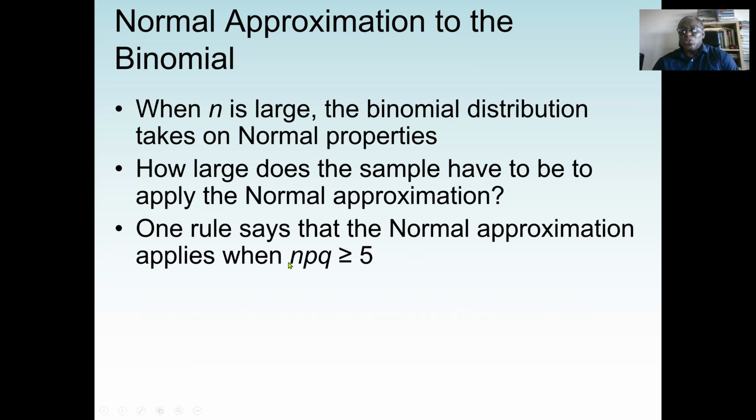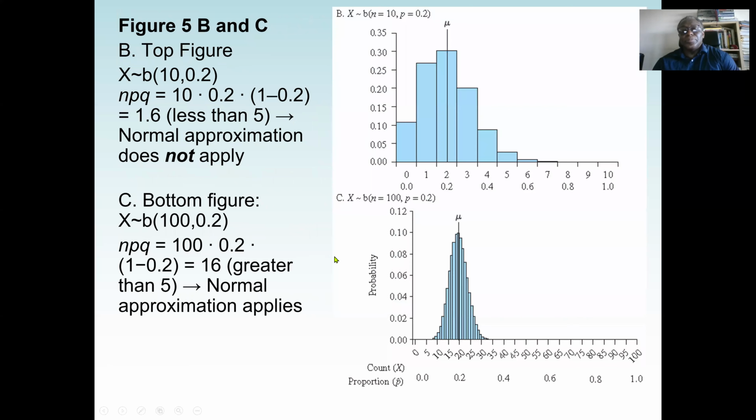So we always have to do our test first. If npq is greater than or equal to 5, then we have a normal approximation. But if npq is less than 5, then it will remain a binomial distribution. It can't take on normal properties.